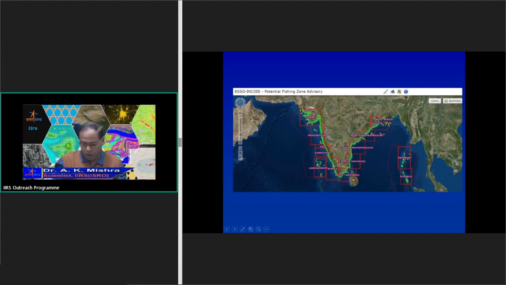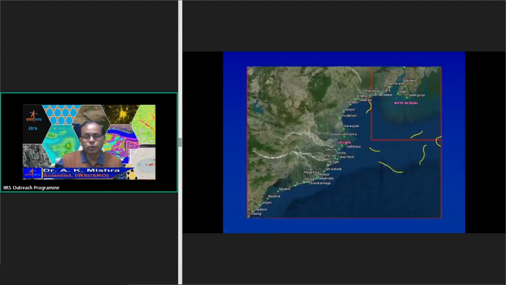They go for fishing to those areas. And this is the enlarged view of the frontal areas that are being communicated.